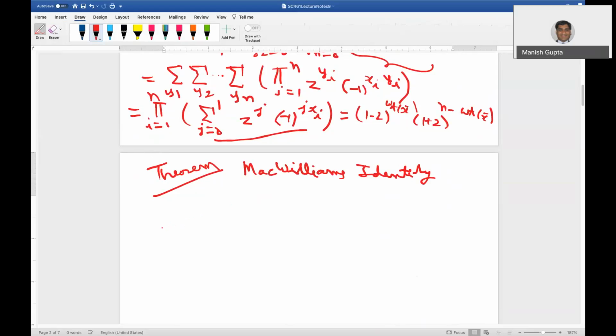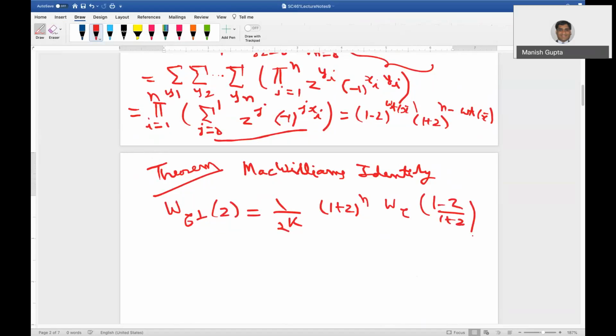So what we want to prove is that W_C perp of z is equal to 1 over 2 raised to power k, 1 plus z raised to power n, W_C of (1 minus z, 1 plus z). Right? This is what we want to prove.